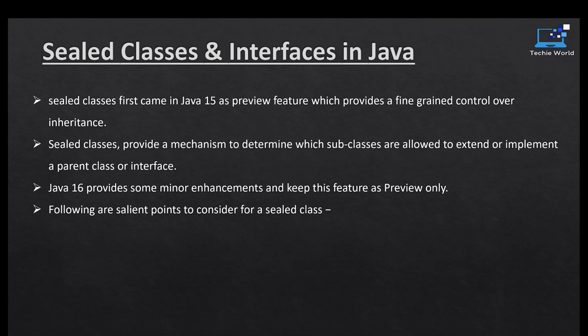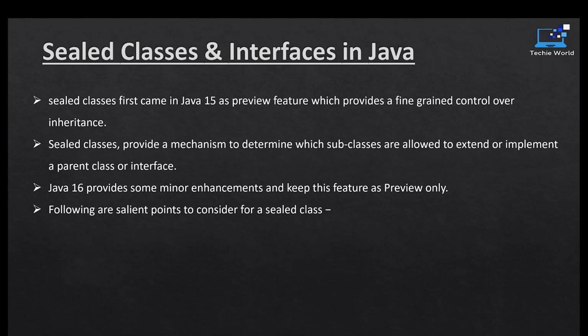The first one is that sealed classes or interfaces are defined using the sealed keyword. Let us say you want to define a class A that is a sealed class. You will write sealed class A, and then you can use another keyword called permits, and then you write the names of those classes which you are allowing to extend this particular class.